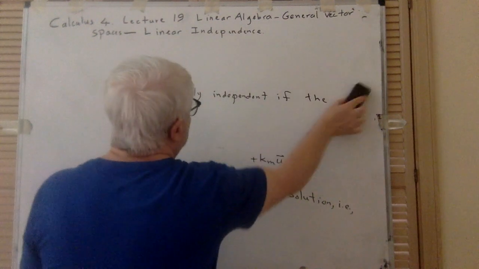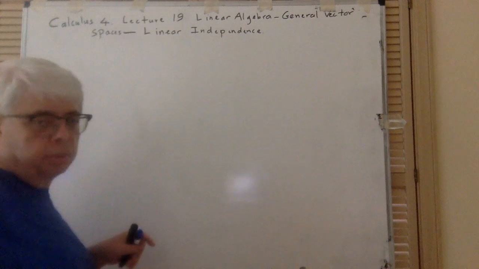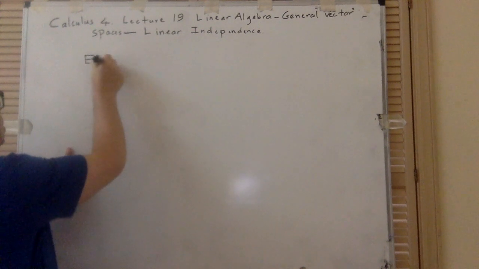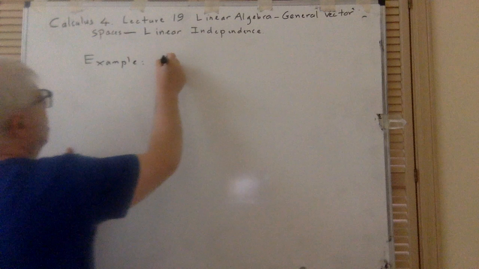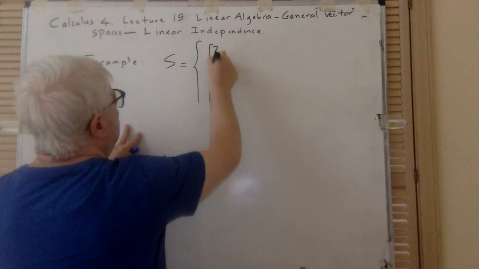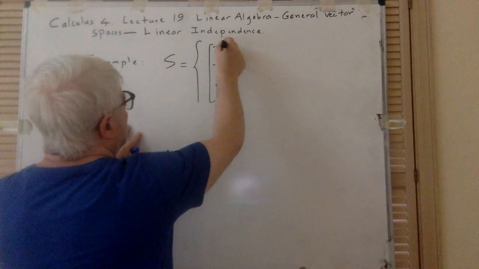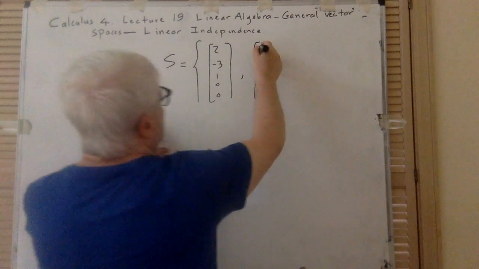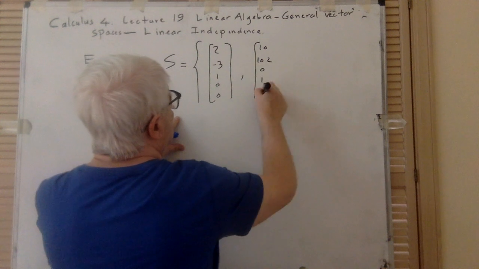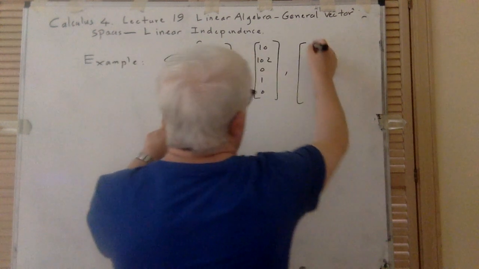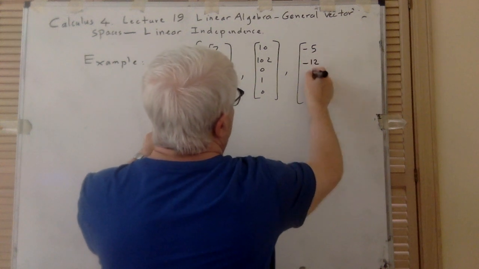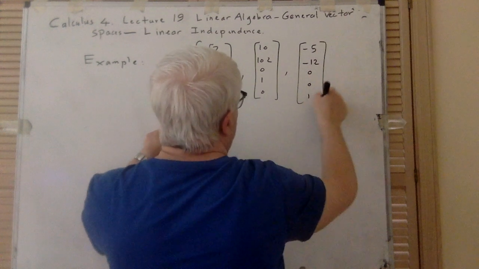Let me give you that example. Again, let's go back to that example and see what it looks like using this. I can't remember the numbers, so let's write some numbers here again. 2, minus 3, 1, 0, 0, and the other one, 10, 1, 2, 0, 1, 0, and the third one, minus 5, minus 10, minus 12, 0, 0, 1.